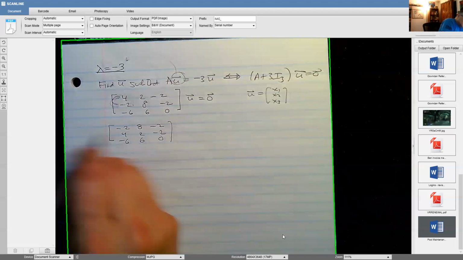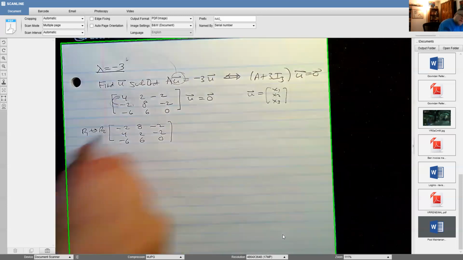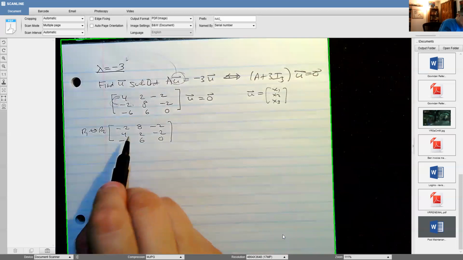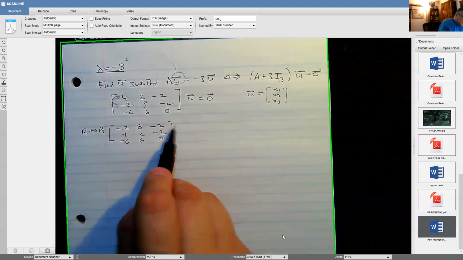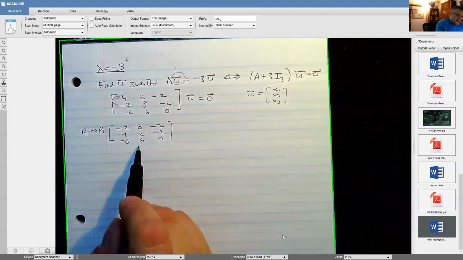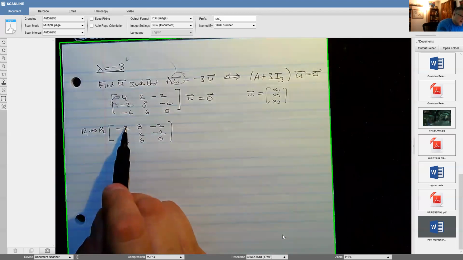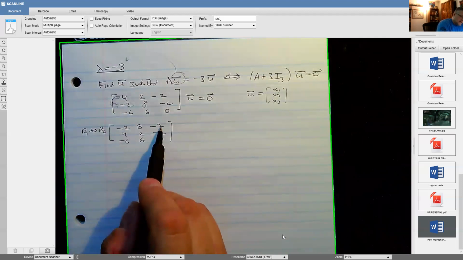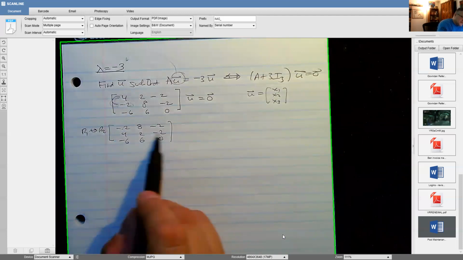I'm also going to kill factors of 2 and here 6 if I can. So I'm going to multiply row 1 by -1/2 and replace row 1 by it. I'm going to multiply this guy by 1/2, replace row 2 by it.